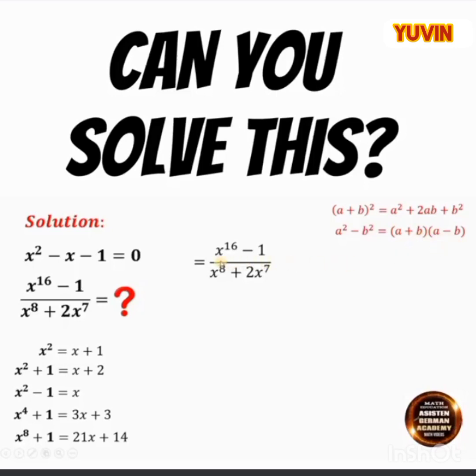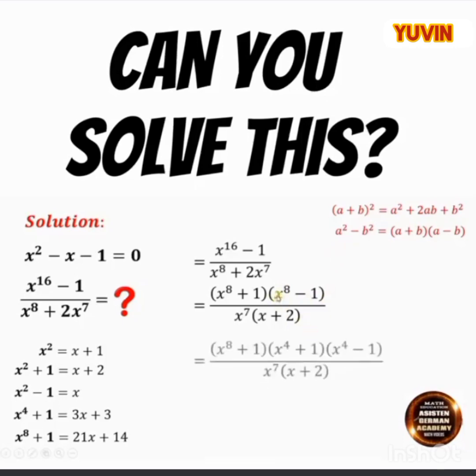Therefore, we can factor out the numerator as x raised to 8 plus 1 multiplied by x raised to 8 minus 1. And on the denominator, we can factor out x raised to 7. Therefore, we have x raised to 7 multiplied by x plus 2. Now take note that x raised to 8 minus 1 is a difference of two squares.